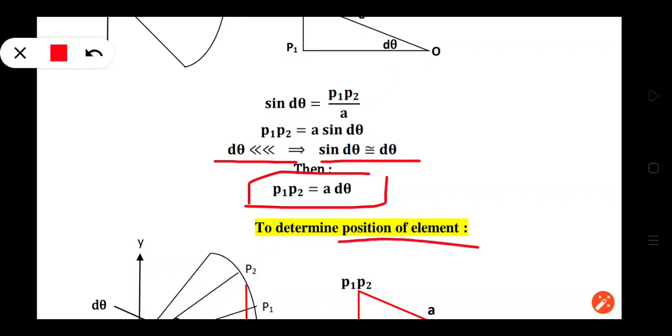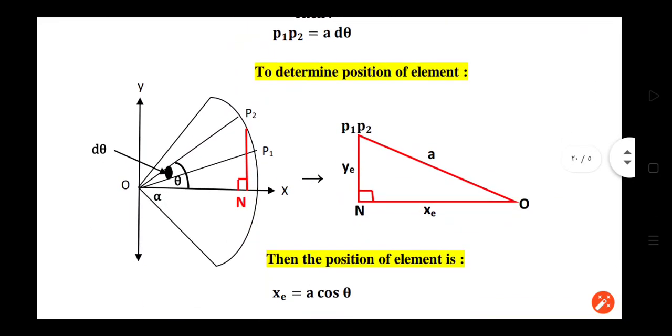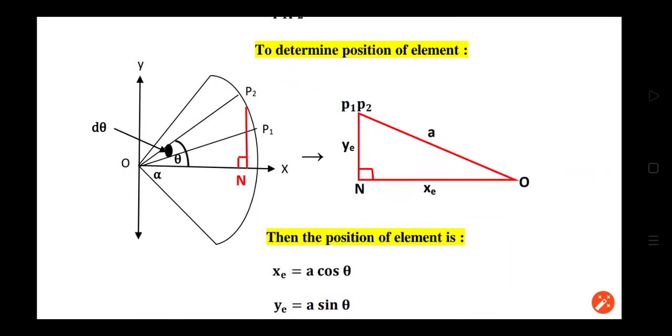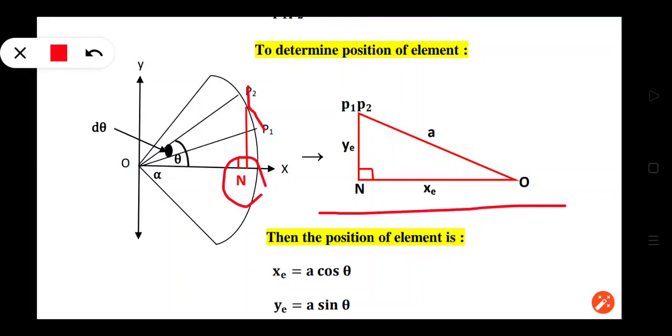To determine the position of the element x_e and y_e, we draw a projection from the arc B1B2 that cuts the x-axis at point N, and make a right triangle as shown with angle theta.